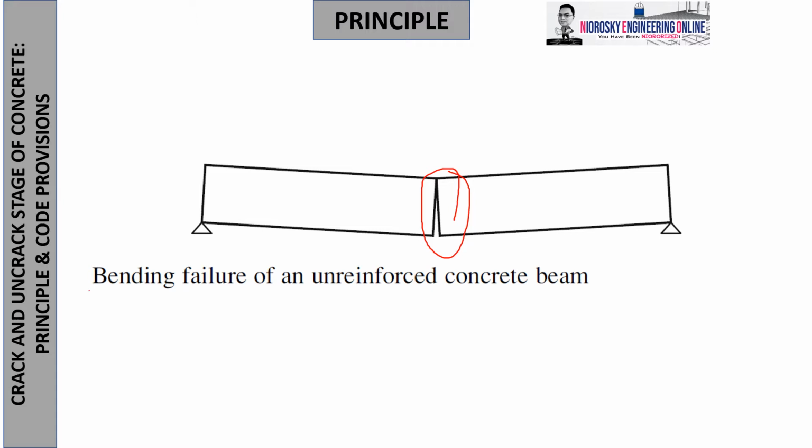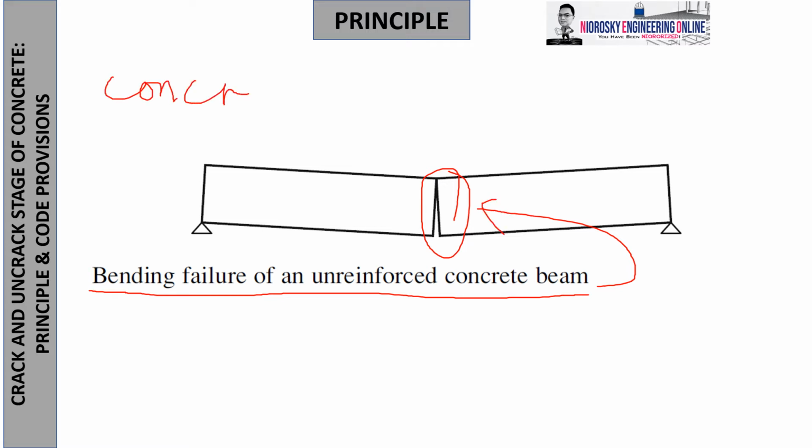But most likely, bending failures in a reinforced concrete beam will happen like this, because we are aware that concrete is brittle, and it is strong in compression, sorry, and weak in tension.